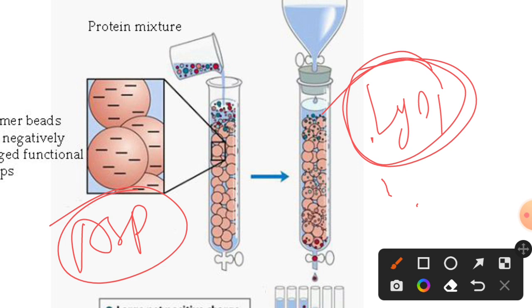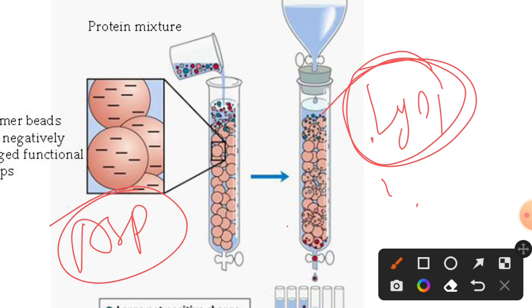And under such circumstances, there will be too much OH minus ion in the environment. In that case, the OH minus ion will be converted into H2O by the H of the COOH. I hope you know the basic structure of an amino acid, that it contains a carboxylic acid group, right? So as a result, the protein becomes negatively charged, right?